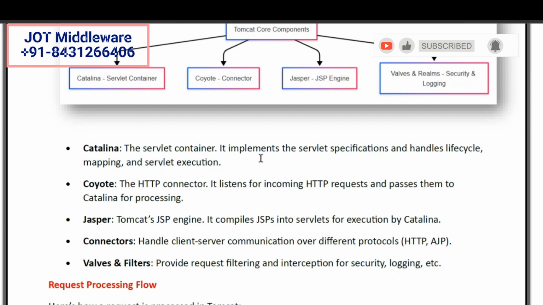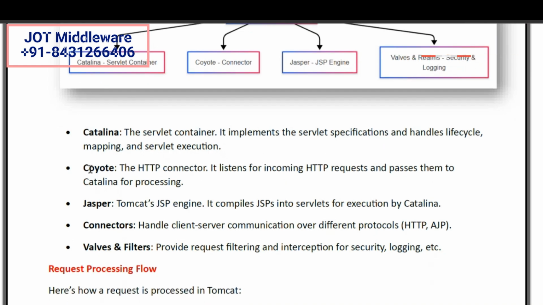So there is Coyote. It is an HTTP connector. So what exactly does it do? It listens for incoming HTTP requests and passes them to Catalina for execution.